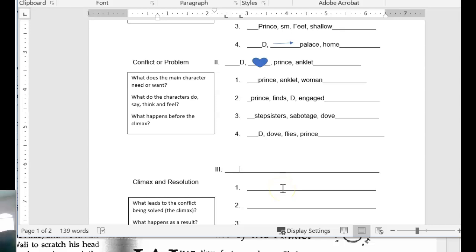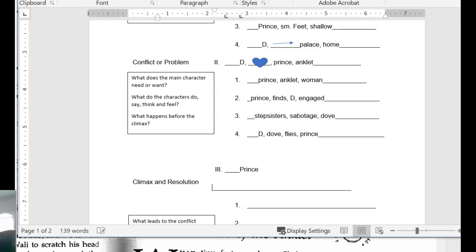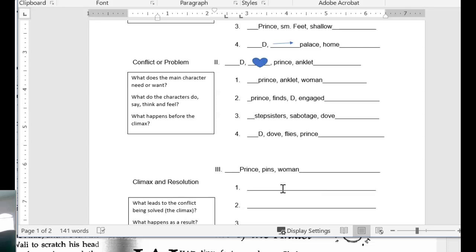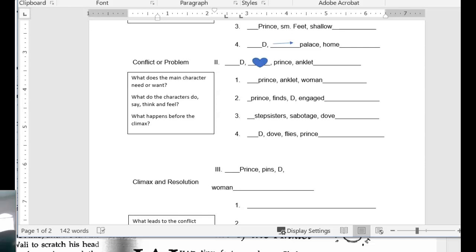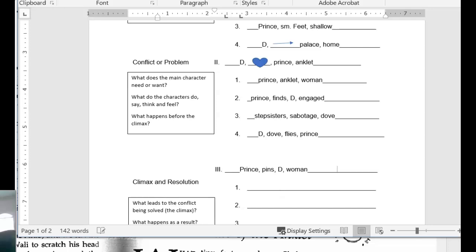What is our climax? Prince pulls the pins. Woman. Okay. Delilah turns back into a woman. Then what happens?